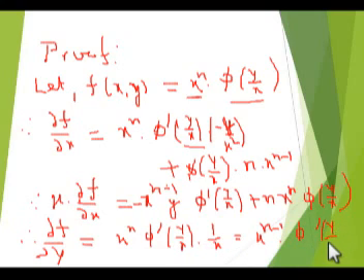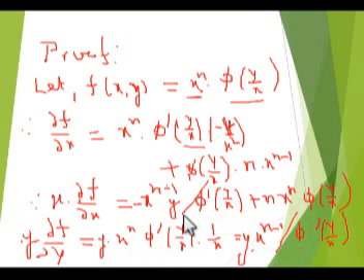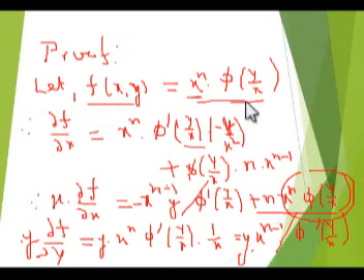Now if we multiply this by y, we get y here and y in the other term as well. These two terms cancel because they are equal and opposite. So on the right hand side we get n times the function we have taken, x to the power n phi of y by x.